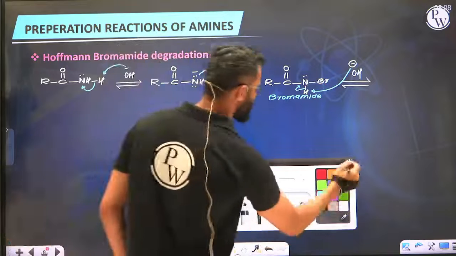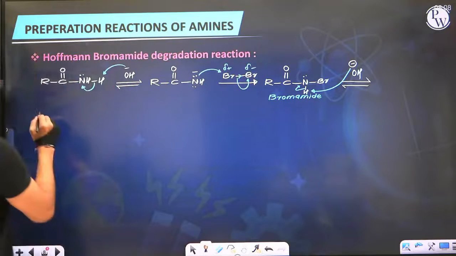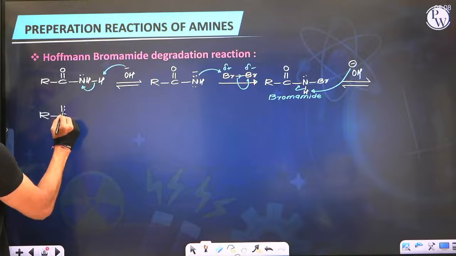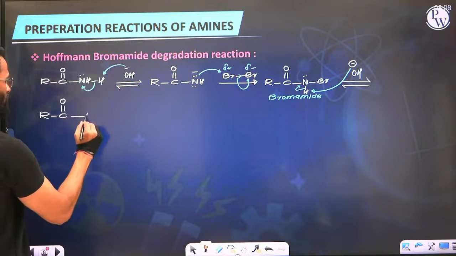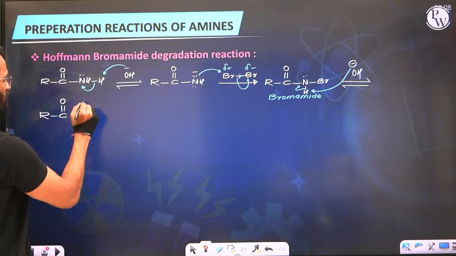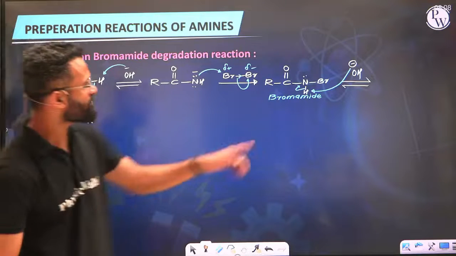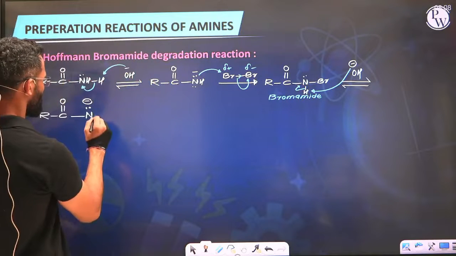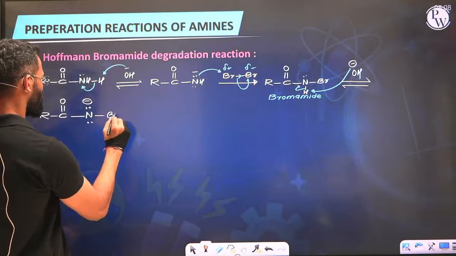So what we are getting here is R-C double bond O-N carrying now two lone pairs, which is making it electron rich. One was already there, this bond pair came back on N, and there is a bromine present.